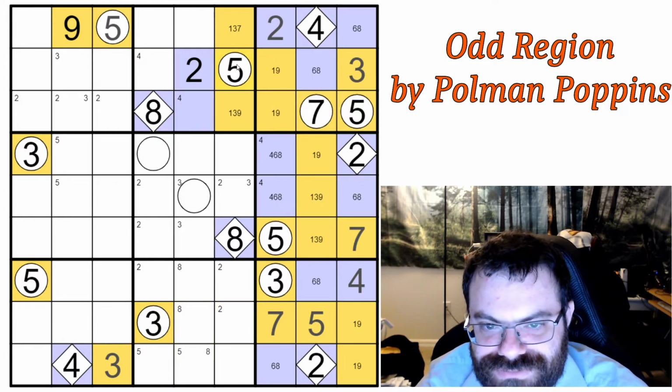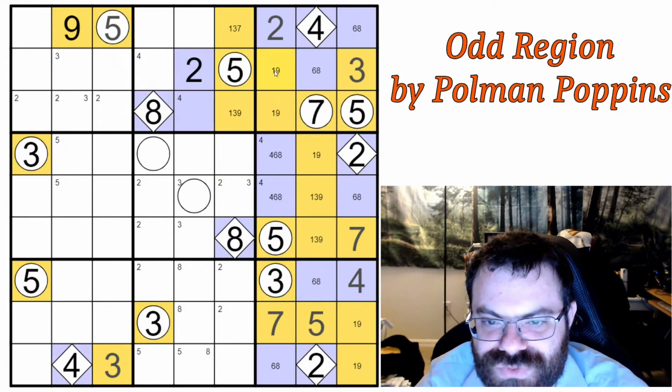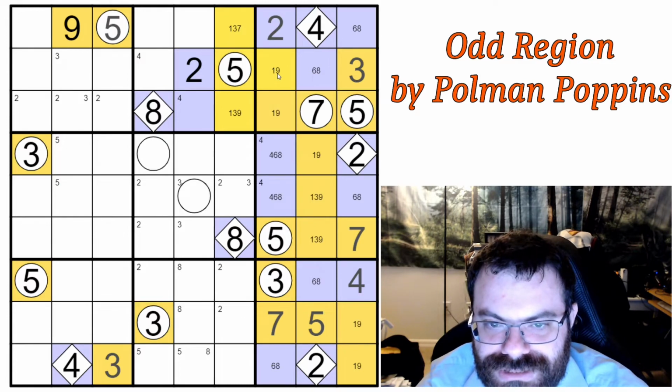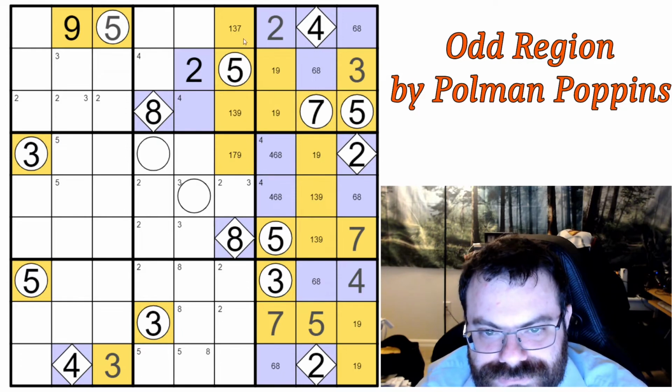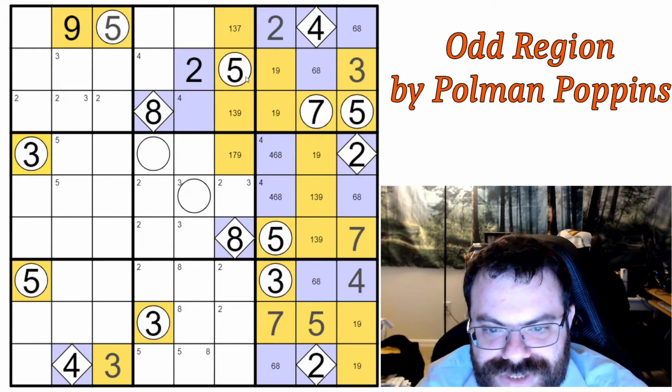How about this 5? Yeah, the only way this 5, oh wait, this 5 sees 1 here and 2 here. So it actually needs 1 more. And there's only one way to get it. So this one's odd. And this can be a 1, 7, or 9. 3, it sees 3 and 5.